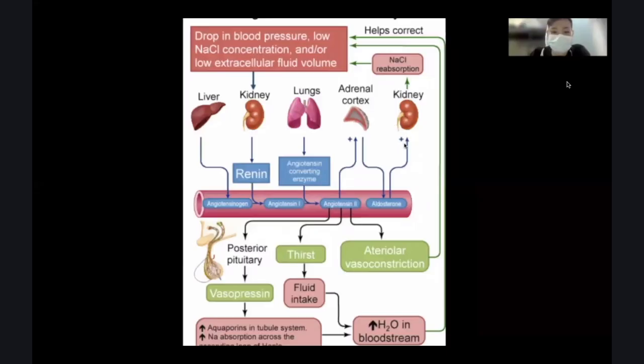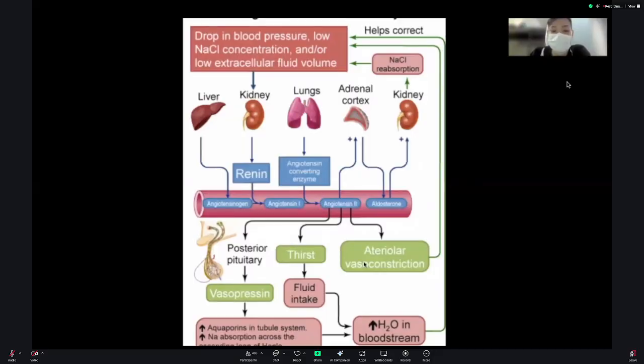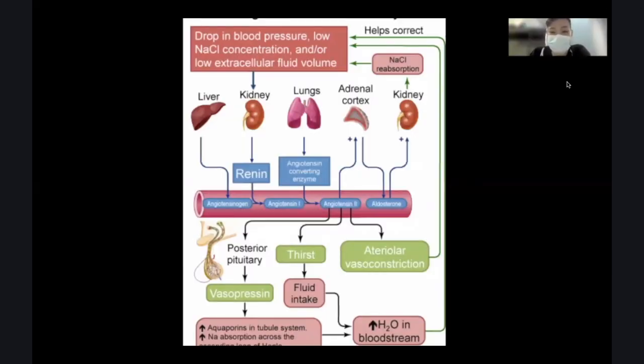It follows the renin-angiotensin-aldosterone system, your RAAS. After activating the RAAS, angiotensin 2, which is also a potent vasoconstrictor, will constrict your vessels, prompting increase in fluid or volume delivery to the heart, which will try to increase blood pressure.